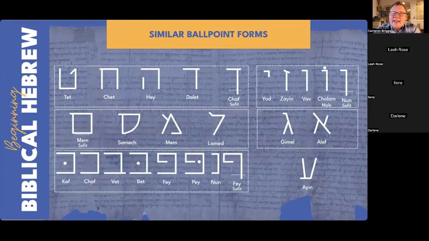So if we're taking a look at our ballpoint forms, chaf and kaf are basically just the backwards C, very boxy. And then pay and fey have the little 90-degree angle that comes inward.